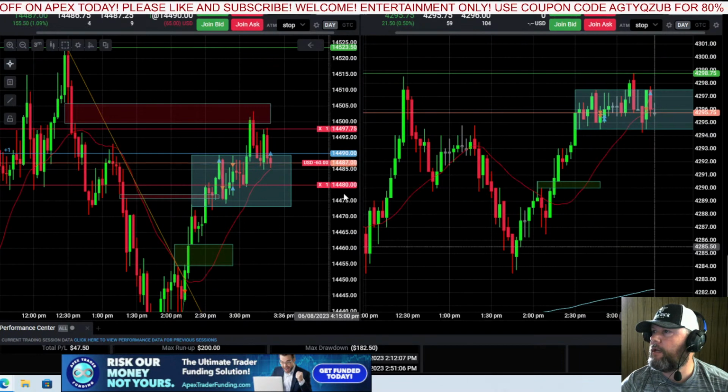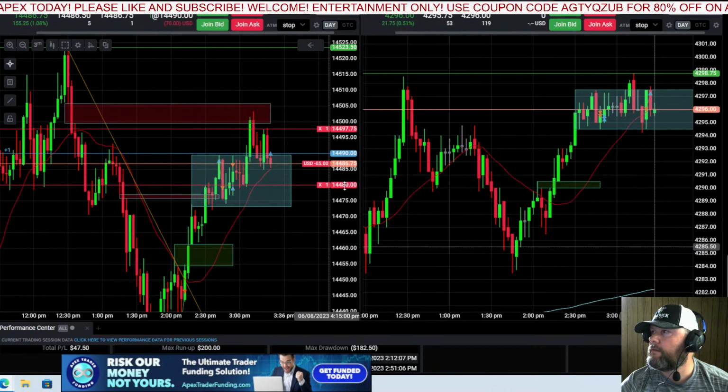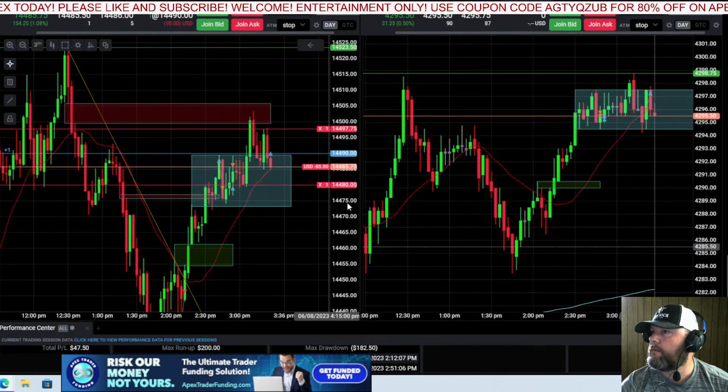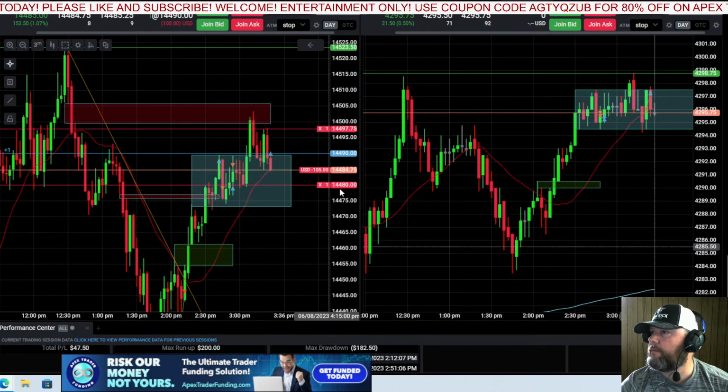I was kind of eyeballing that 85 level there. Like to see that hold. That's where the 20 SMA is. Look to get a bounce off that 20 SMA there.